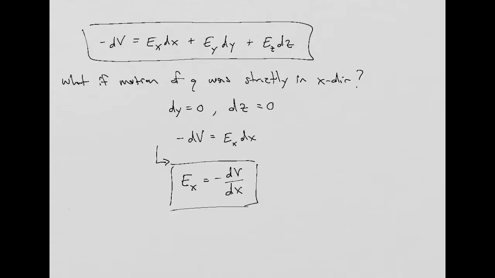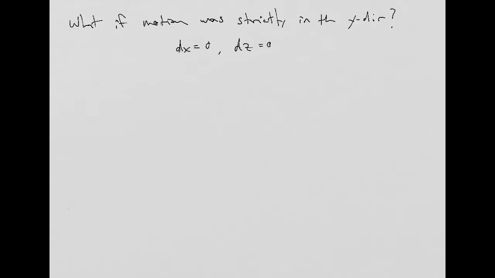Okay, well that's nice, but what about the other two directions? Okay. Let's see what happens. What if motion was strictly in the y direction now? Okay, so in that case, dx is going to be equal to 0, and again, dz is equal to 0. And from our equation for dV, we get minus dV is Ey dy.